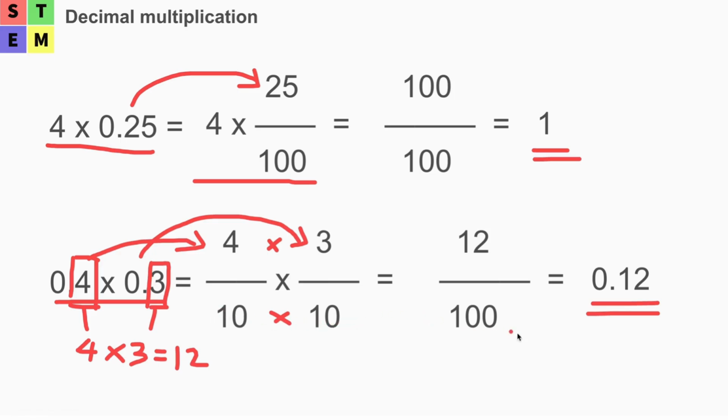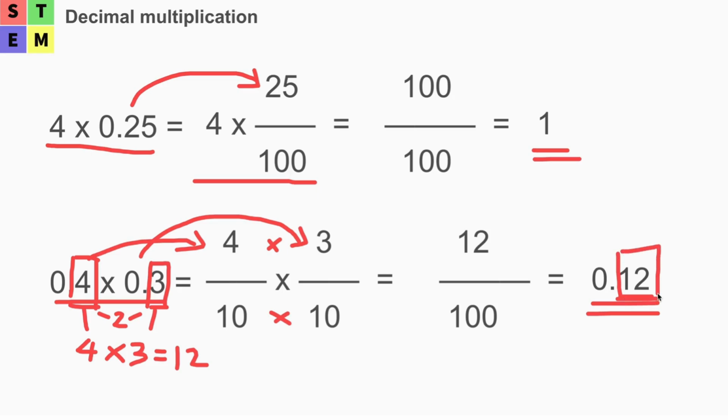So that means we have 2 digits there together. And that's why we have 2 digits there after 0 point, right? So let's take a look at more examples so that we can find a pattern. But remember that for 0.4 times 0.3, because we have 2 digits after the point altogether, here we have 2 digits.